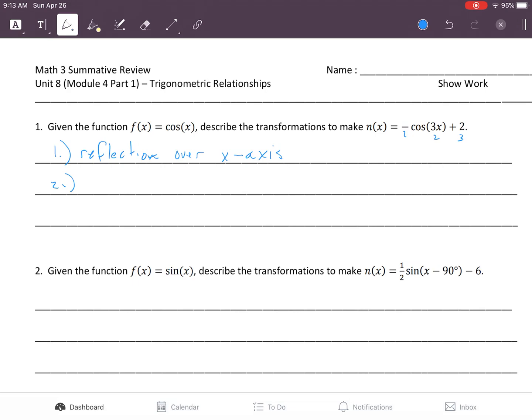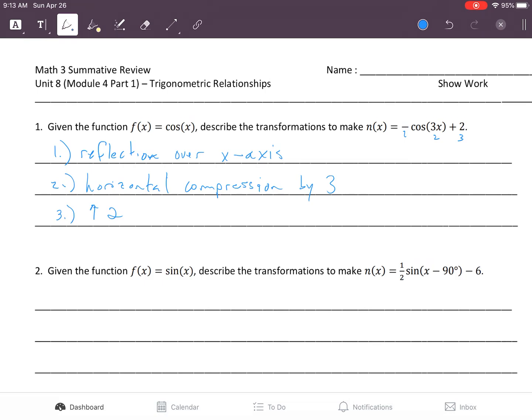Number 2 is a horizontal compression by 3. And number 3 is a vertical shift going up by 2.